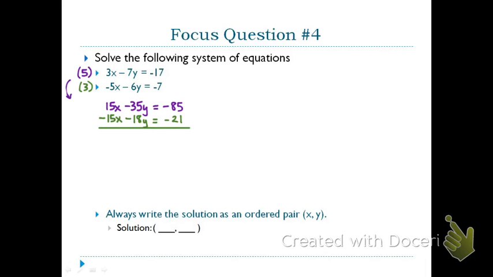Okay, well, looking at the variables, does anything cancel? It better. We just use elimination. We got the 15x's, those eliminate. Negative 35y and negative 18y, what's that give us? Hey, mental math people out there, I usually take something like 18.